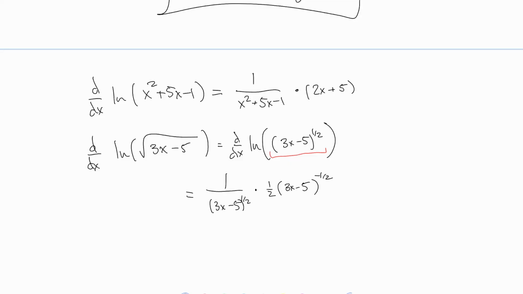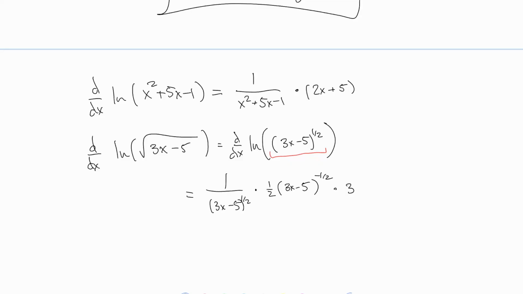That's the derivative of the 1/2 power on this part. And then I have to do the chain rule one final time to get the derivative of the very innermost inside, which is just 3, like that. Having done this, you could simplify it if you want to, but I don't really suggest that.